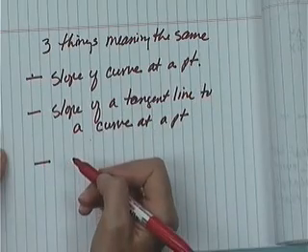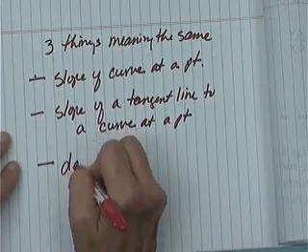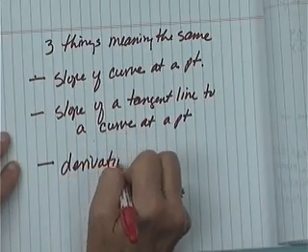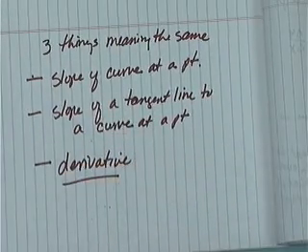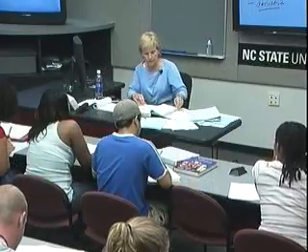And the third thing, which is what calculus is all about, derivative. The derivative is the slope of the curve at a point. It is the slope of the tangent line to the curve at a point. Derivative. All those are the same little bits and pieces.